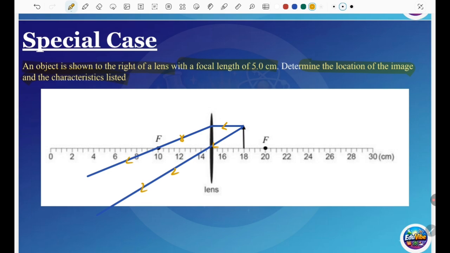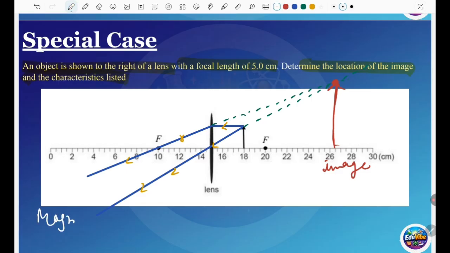For this, we extend both the refracted rays to find where they meet virtually. So this ray 1 and this ray 2, you will see right over there they will touch, and from here you will get your image. You will get your image over there, which is very enlarged.